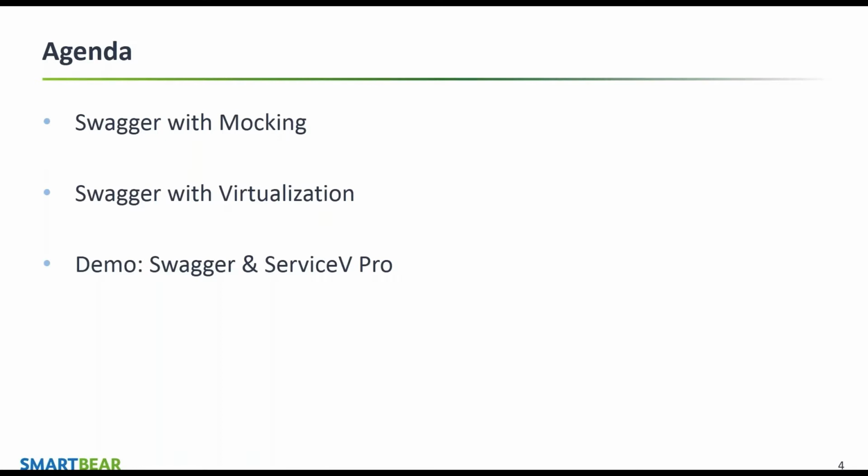Thanks, PJ. Hi, everybody. Good morning, good afternoon, depending on wherever you are in the world today. Today we have an awesome line of tools that we are presenting in front of you, and it is all centered around the OpenAPI specification. The OpenAPI specification is very popular, being used by API designers and developers all over the world.